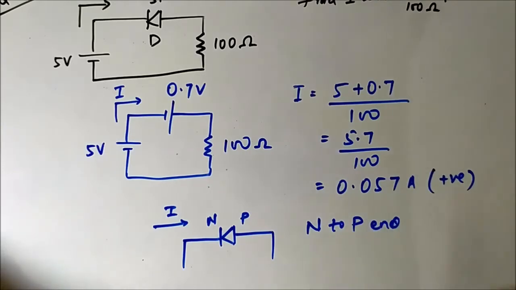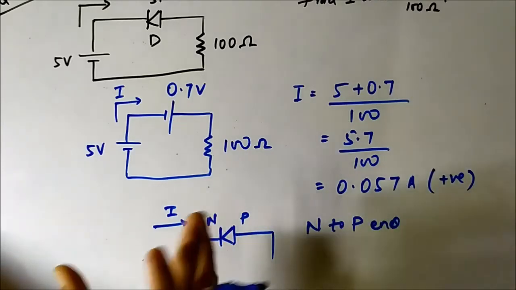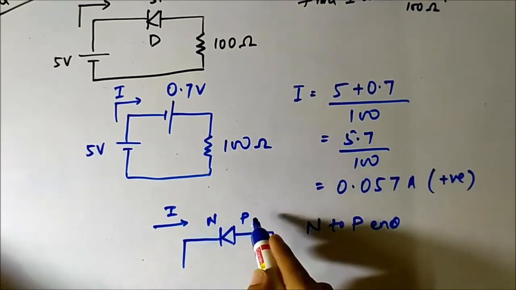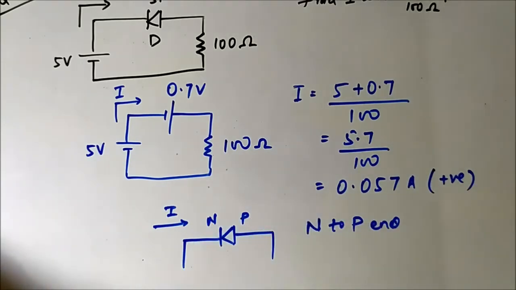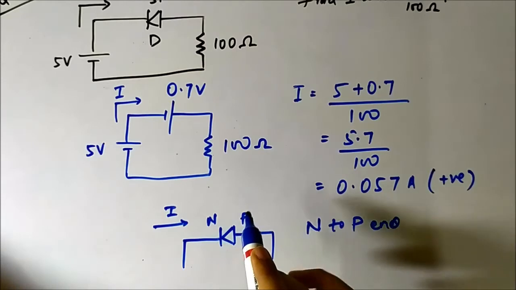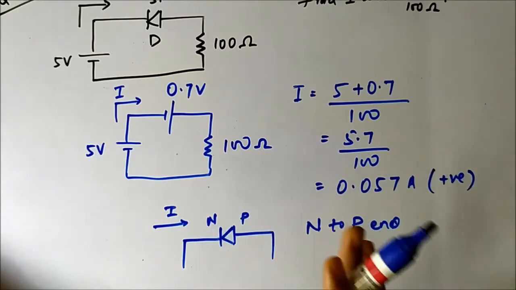It is not possible for a diode that current will flow from N to P. I have already told this in the previous question also. Current can never flow from N to P for a forward bias diode.